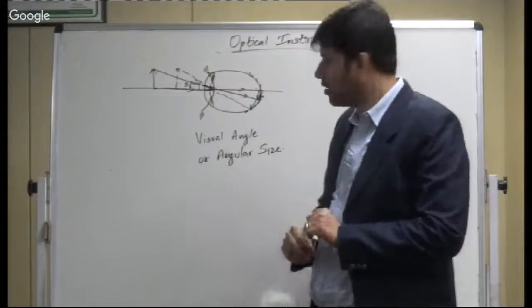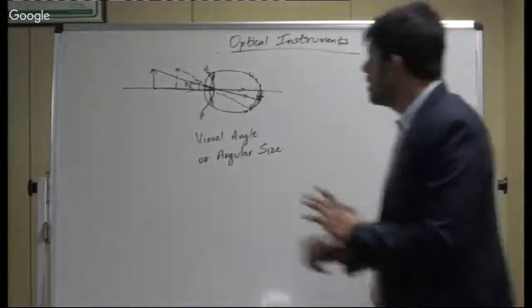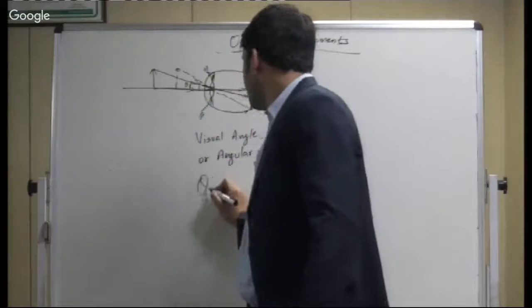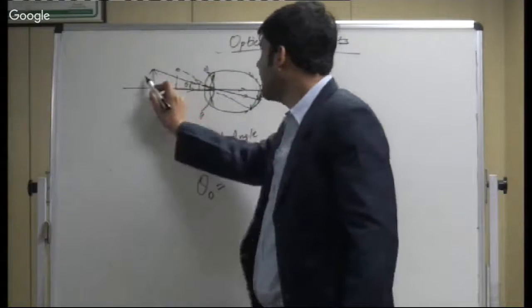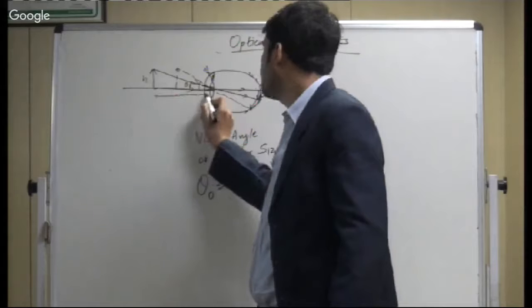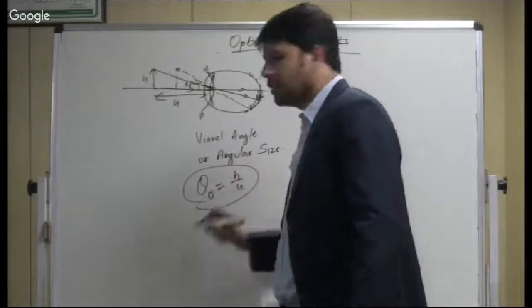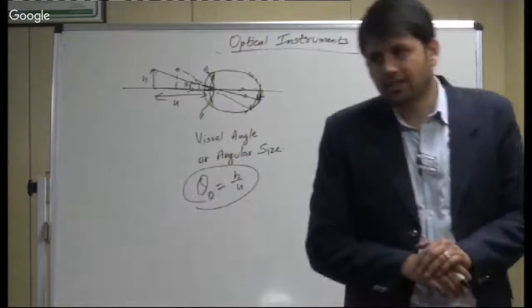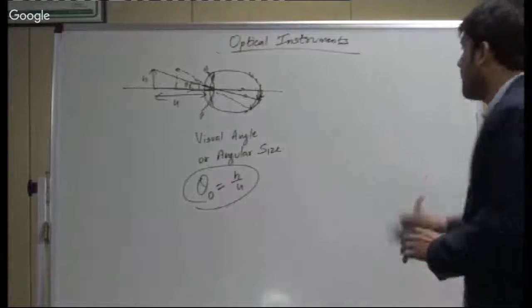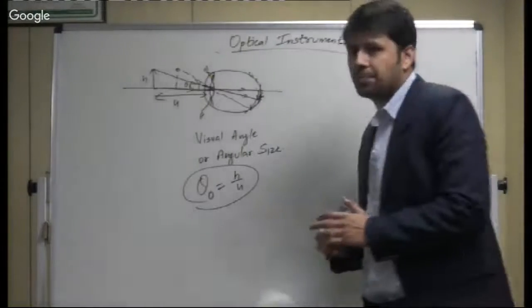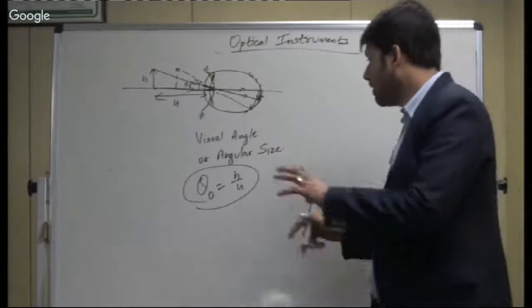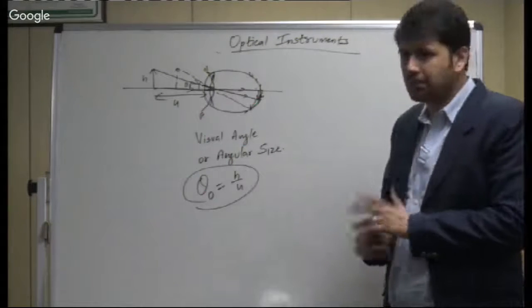Since this angle is not very large, we can directly calculate this visual angle theta naught as h upon, let's call this distance u. This is the visual angle. I'm not taking tan. Actually, this value would be tan theta, but by paraxial approximation, I can write theta naught is equal to h by u.